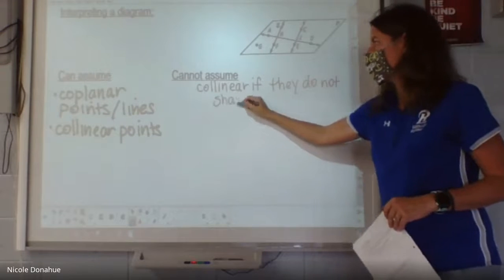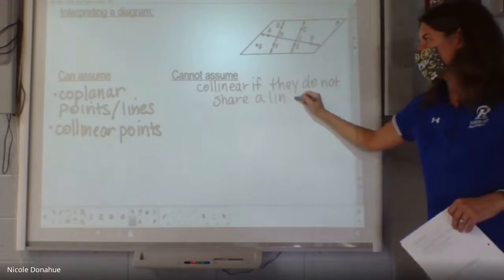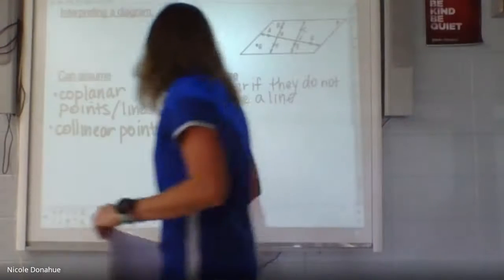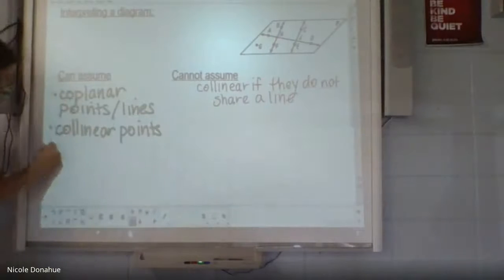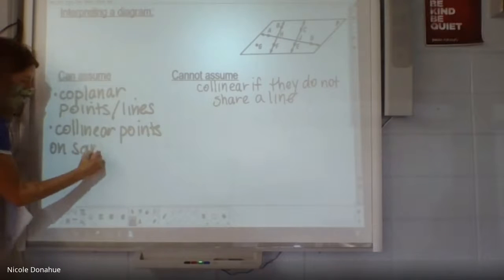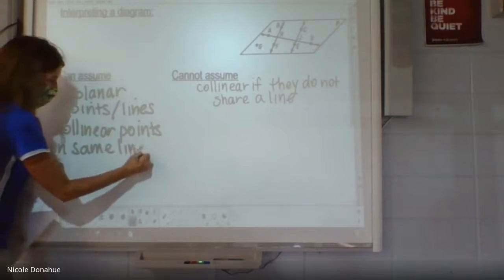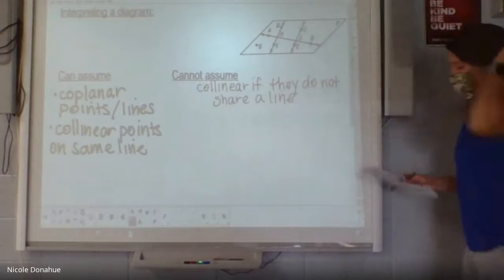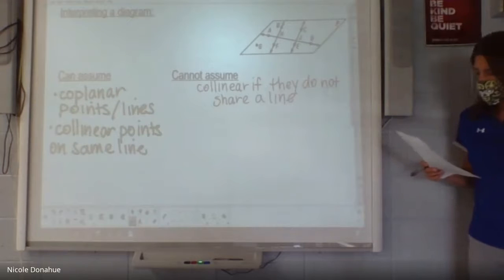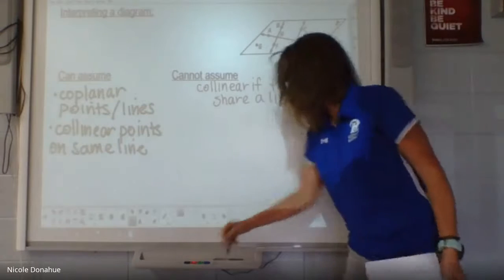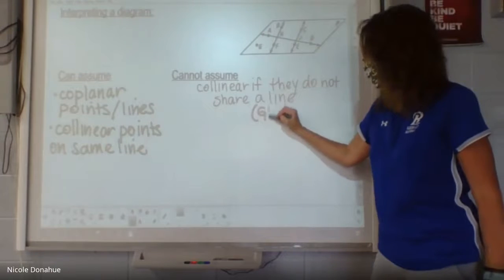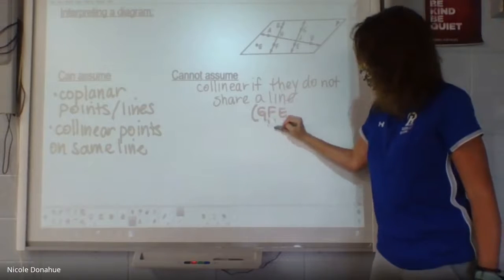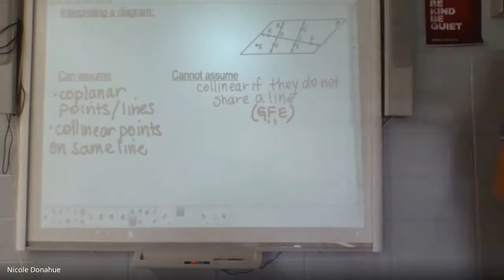And I'll show you guys what I mean. So I'm going to alter this. Collinear points are on the same line. So GFE is an example of points where I can't assume they're collinear.